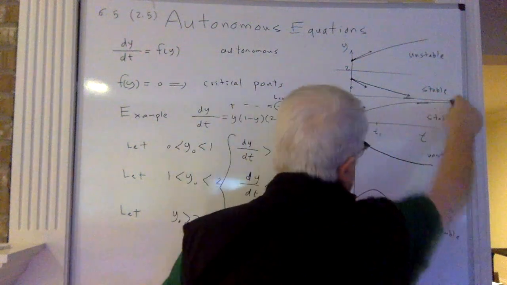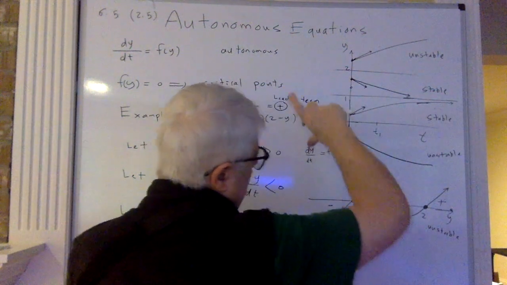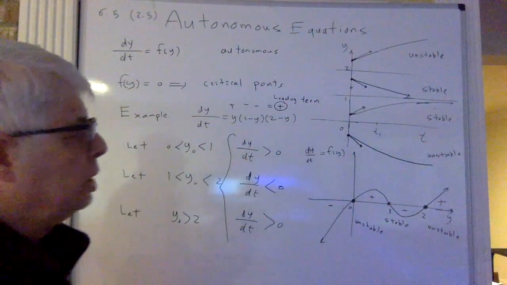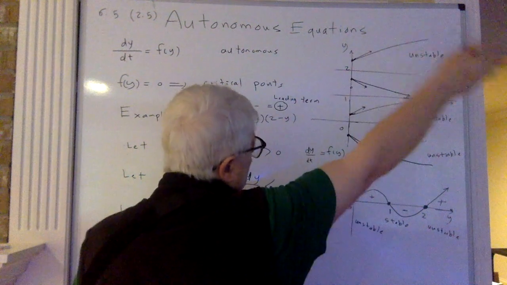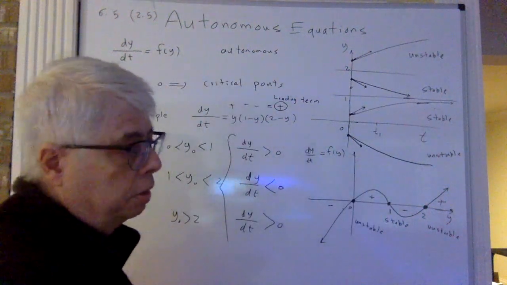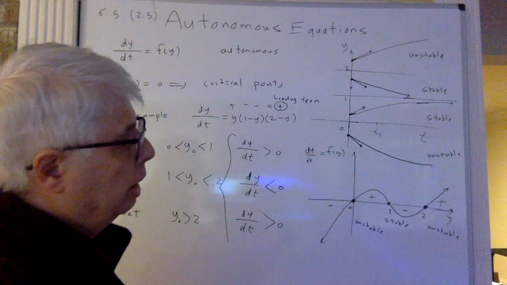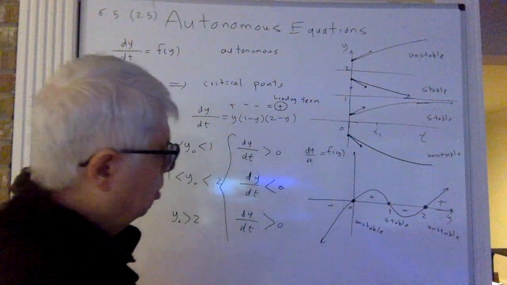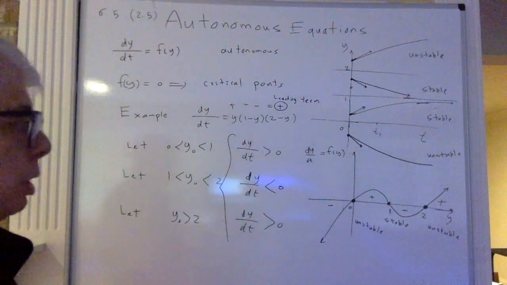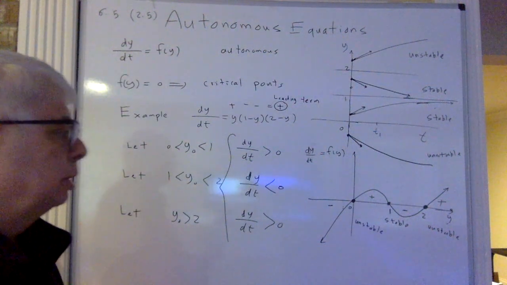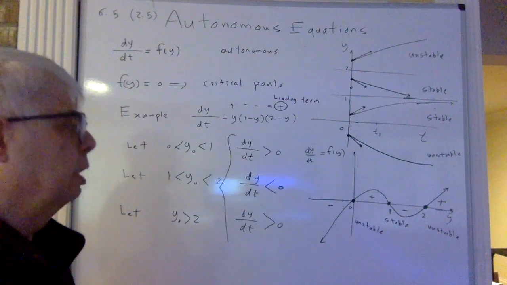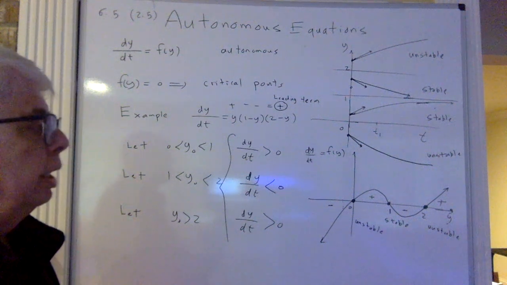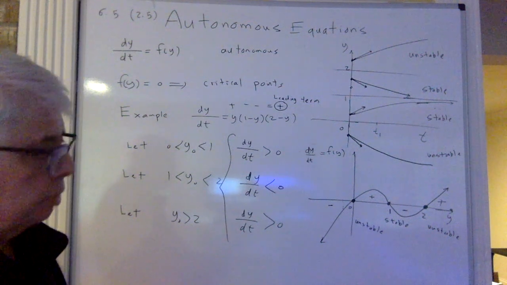So this line in between, y equals 1, from these two sides they approach this. But negative to positive, it goes this way, it goes this way. So y equals 0 is not a stable critical value. When we talk about stability, we are talking about stability of the critical values, which in a sense means asking this question: is y equals that critical value an asymptote?